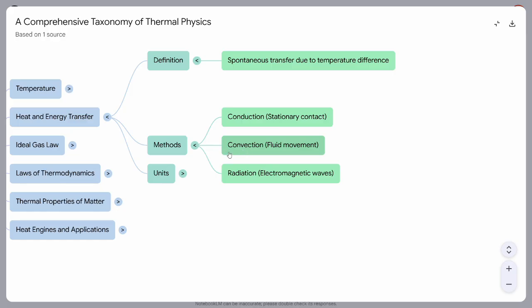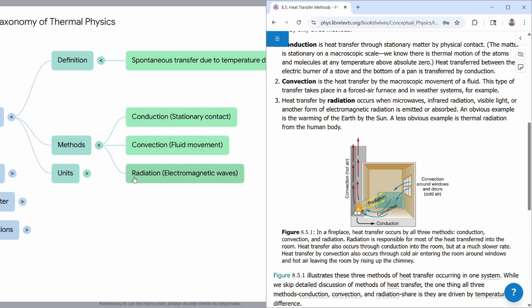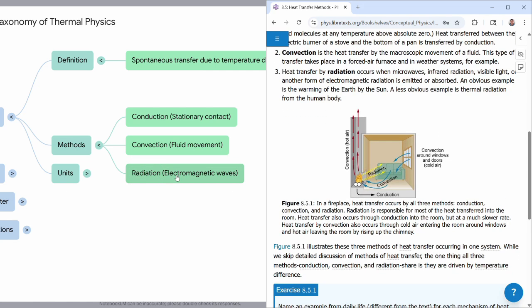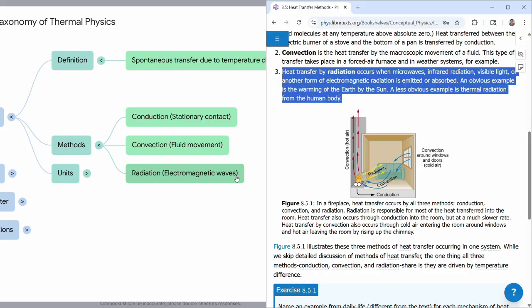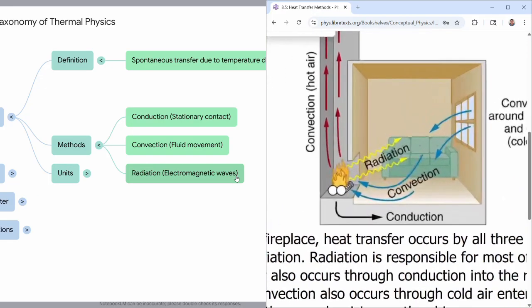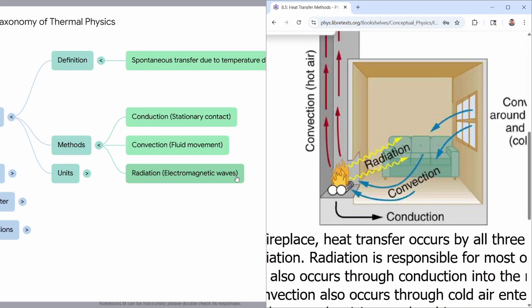And finally, radiation, that's the fun one. It relates to something we'll talk about more later, electromagnetic waves. This is the transfer of heat without using any material contact. So there's something called black body radiation that you will see more when we do, I guess, quantum mechanics.